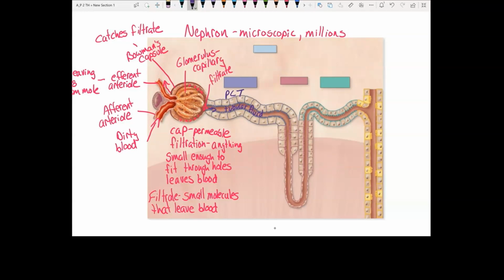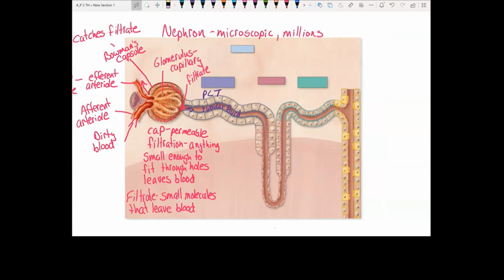Then that tubular fluid flows through the loop of Henle. So the tubular fluid goes in this direction. It goes down, it goes around, it goes back up.